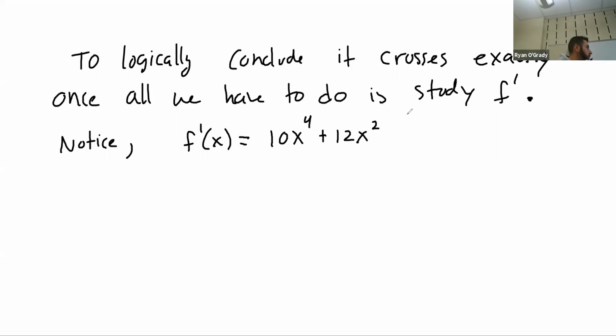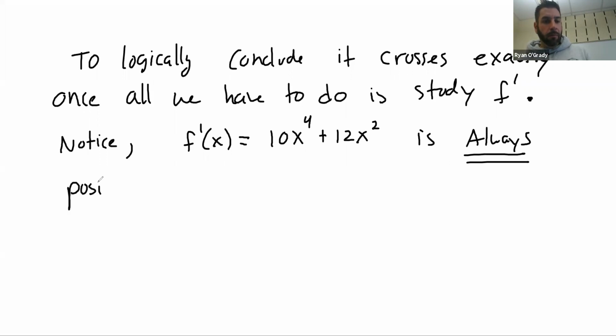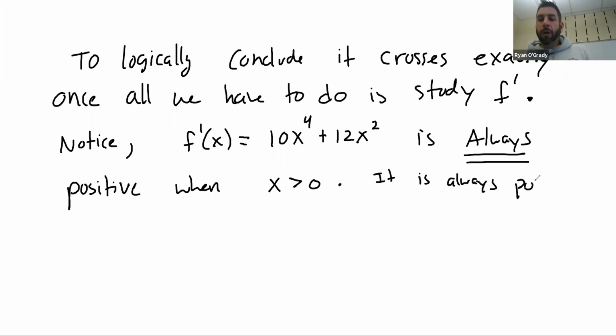Now, what is interesting about this function is that this is always positive when x is greater than 0, and it is always positive when x is less than 0.